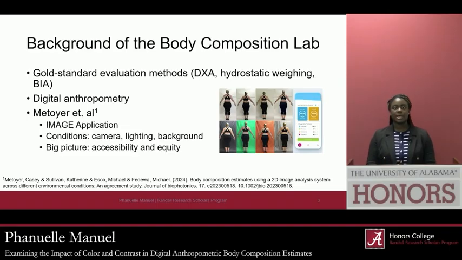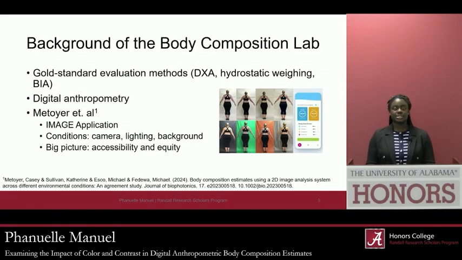So typically the data collection takes around 30 minutes per participant, and currently the participants can come in and just get their body composition assessed for free, no cost to us or to them. And so by adding these extra steps, we might be asking for too much from the participants to be doing this for free.